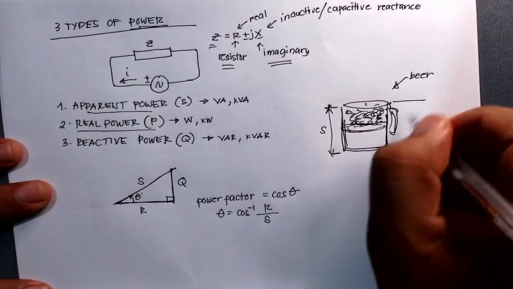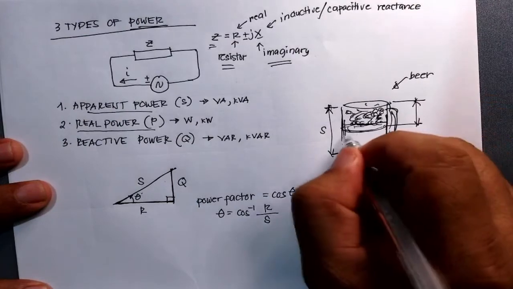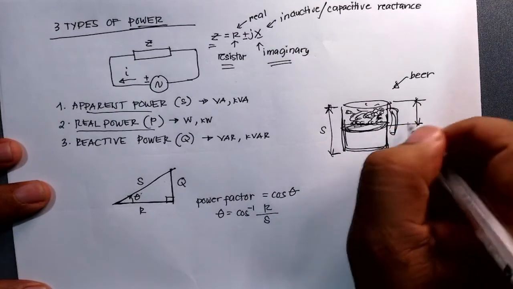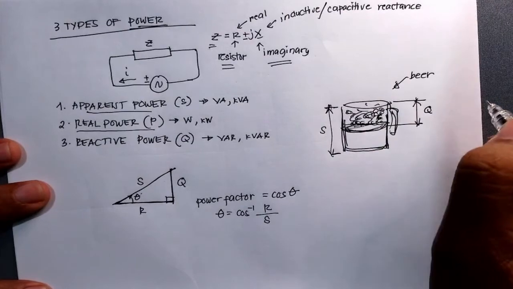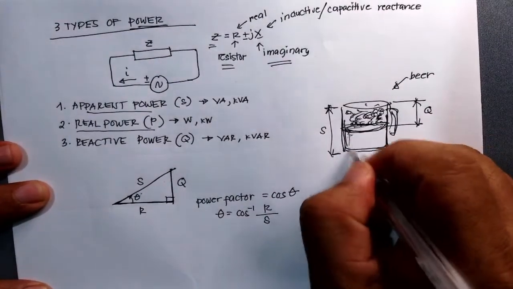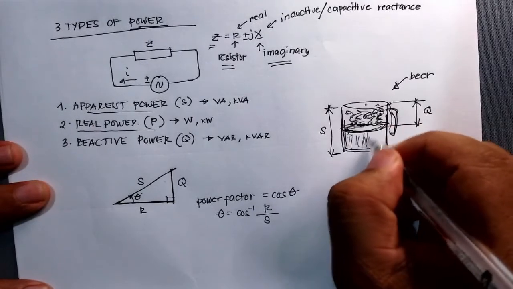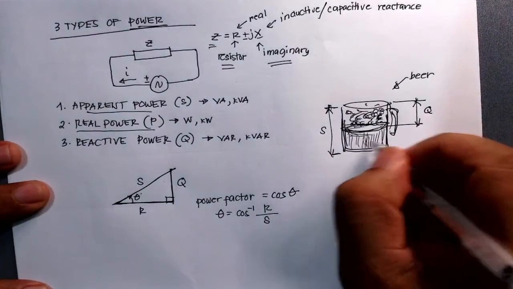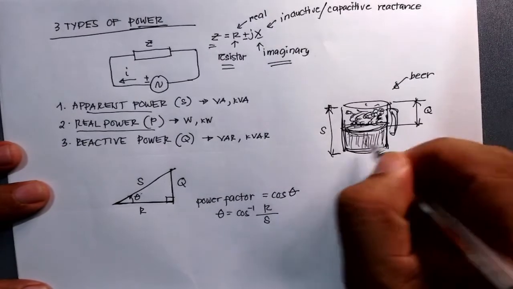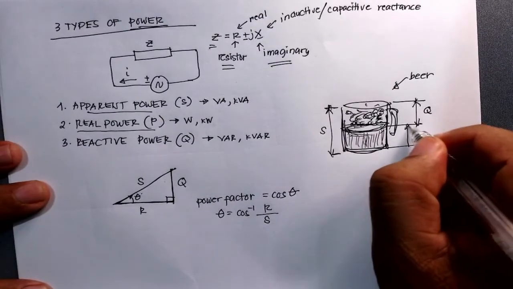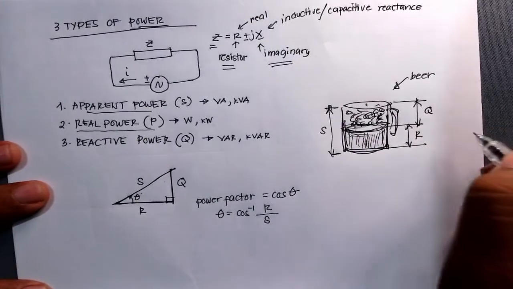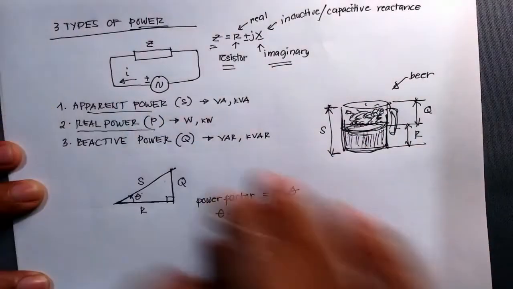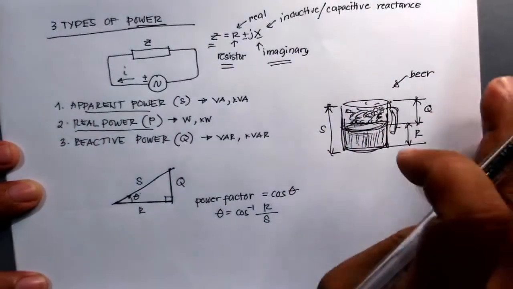The bubbles here, from this point of the liquid, are your reactive power, and the one that you are drinking, that goes into your body, is this part, and this is also the real power, or the R. So you can liken these three types of power to this layman's explanation.